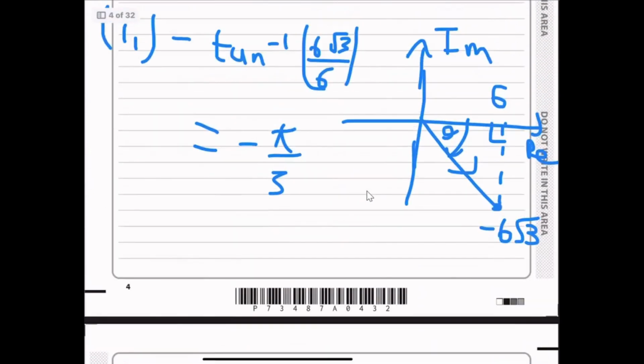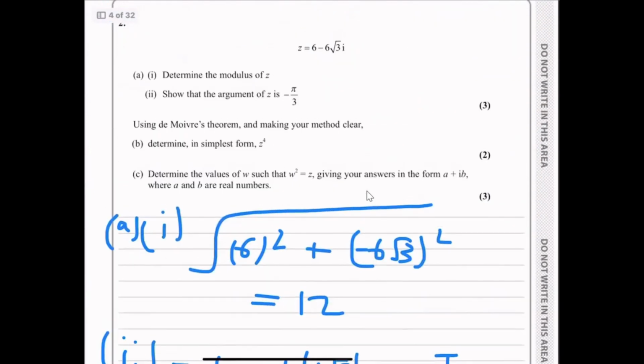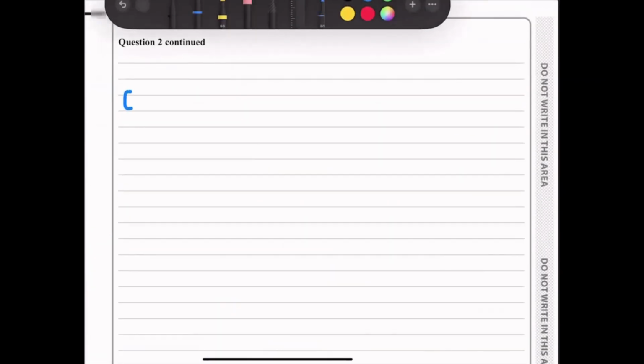Now part C, the value of w such that w squared is equal to z. So you know that w squared equals z, you can make w the subject, so square root of z.